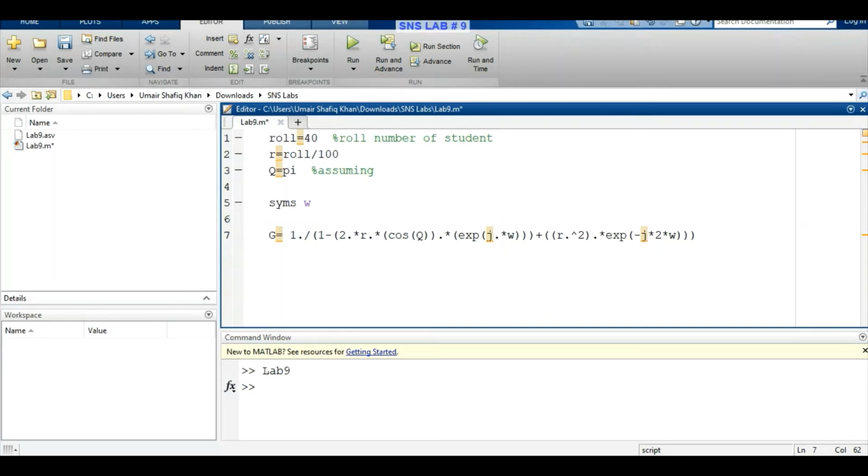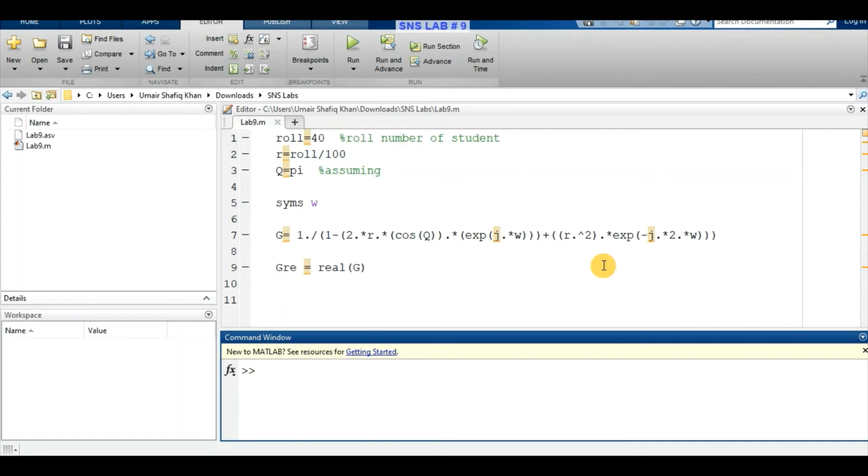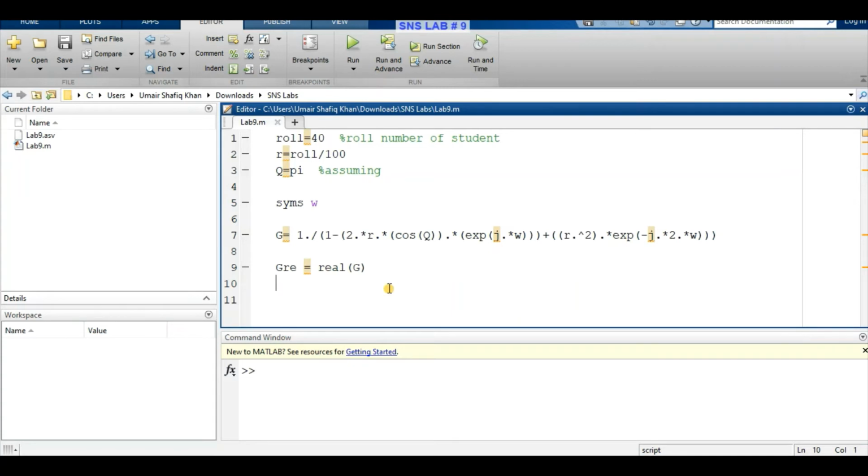To find the real part of this signal, we will use a built-in function of real. So in this way, we can find the real part of this signal. Now the next question is how to plot this signal. We can use the command of EasyPlot to plot the real part of this signal, but here we need to define the range over which the signal should be plotted.